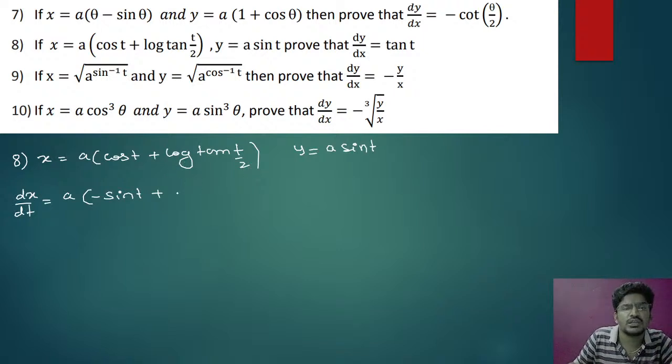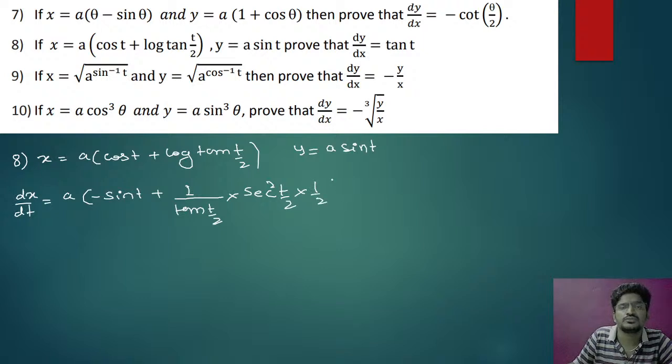First we have to differentiate log, that will be 1 by tan t by 2 multiplied with differentiation of tan, that will be secant square t by 2 multiplied with differentiation of t by 2, that will be 1 by 2. So directly you write this because steps will be reduced. If you go on writing d by dt again and again, the problem will be very lengthy, and at some point if you get any confusions, everything will be wrong. So that's why you simplify this directly.